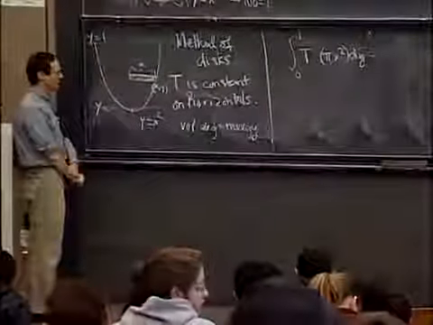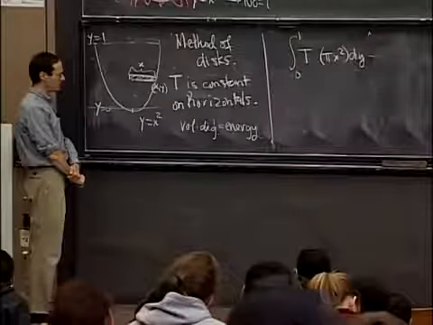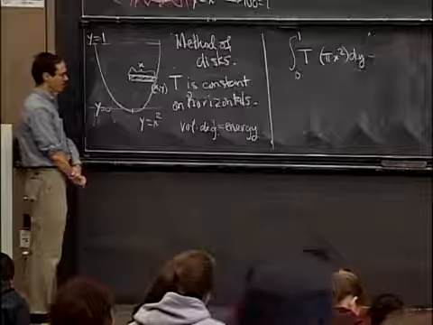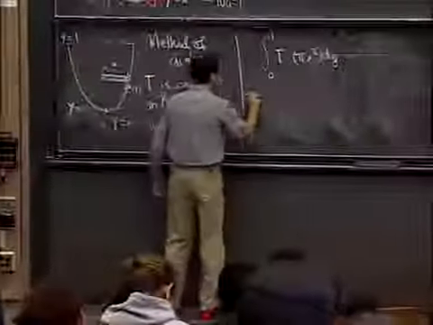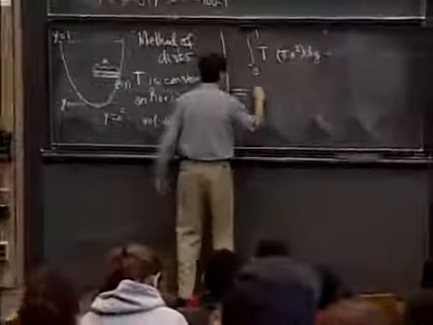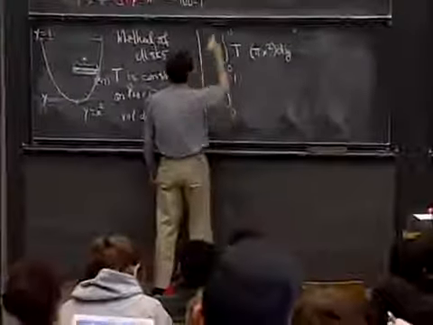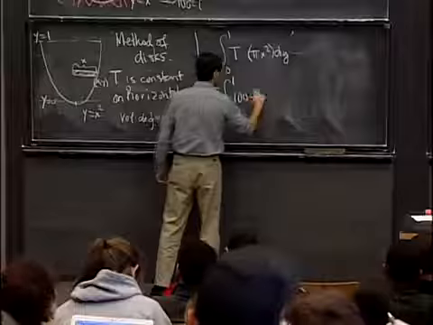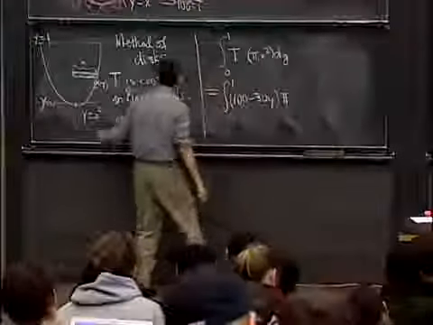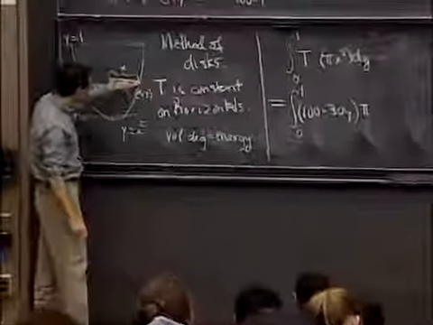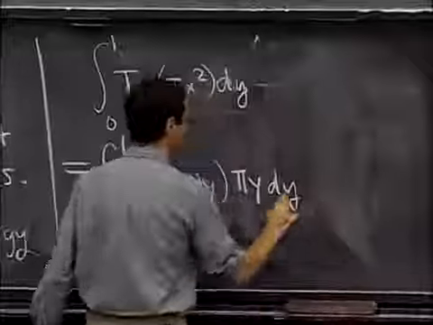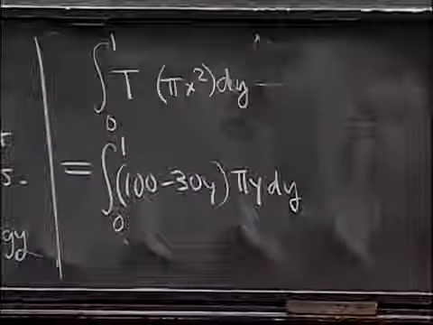We're just adding up the total. Now I'm just going to plug in the various values for this. And what I'm going to get is T, again, is 100 minus 30y. And this radius is measured up to this very end, so x squared is y. So this is pi y dy. And this is the integral that we'll be able to evaluate.